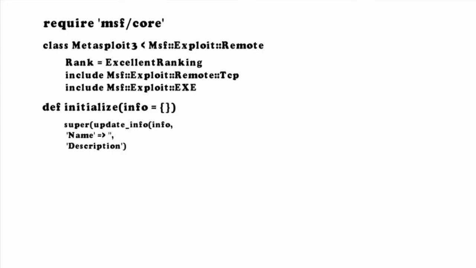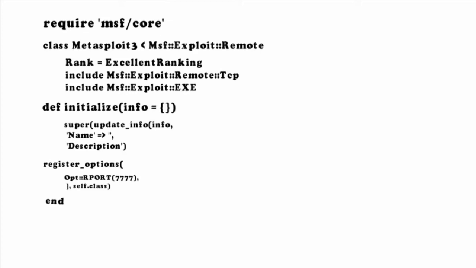Then we have the initialize function that is used to define the different values and content of the module. Some of the primary definitions in this function include name, description, author, version, and so on. That is register_options, OptPort rport 777, self.class.